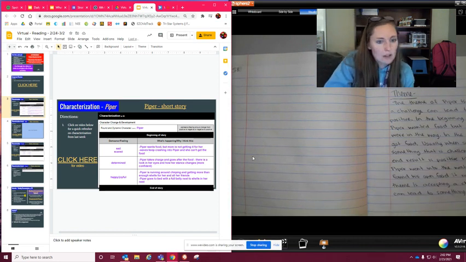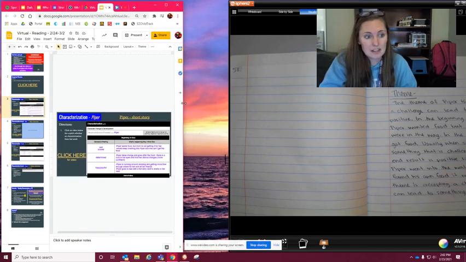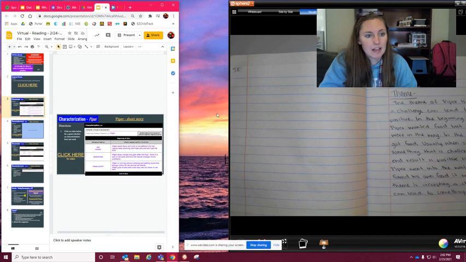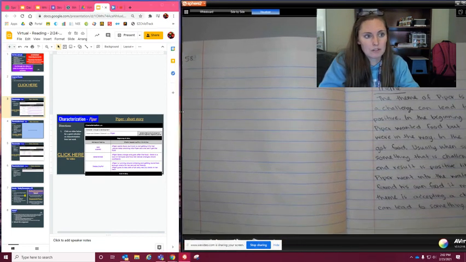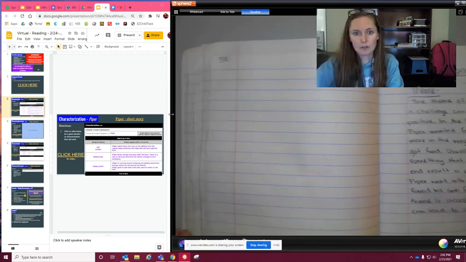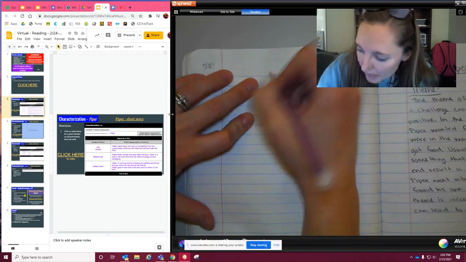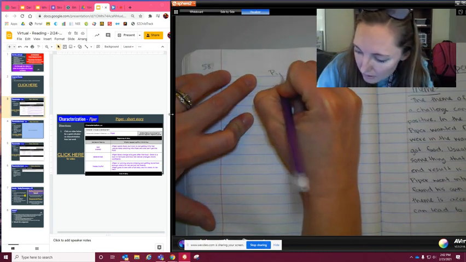All right, so I'm going to keep this up on the left-hand side of my screen. I'm going to make it really, really tiny. So you're probably not going to be able to see it, and that's okay, because I more so want you to be focused on page 58, okay? All right, so go to page 58 in your notebook, and I'm going to have you write Piper at the top, just like we did last week for theme.